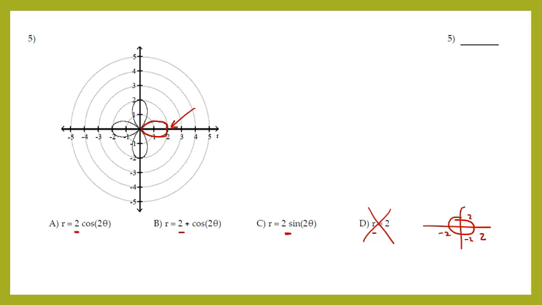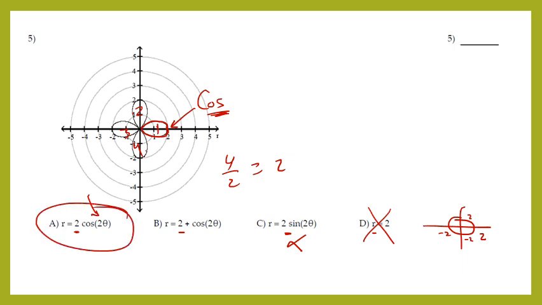We can see that it started from here. Since it started from here, it's a cosine, so the answer is not sine. And it's a rose. The number of petals here is 4, so we divide it by 2: 1, 2, 3, 4. So 4 divided by 2 is equal to 2. So it should be 2 theta. So I am sure that the right answer is A.